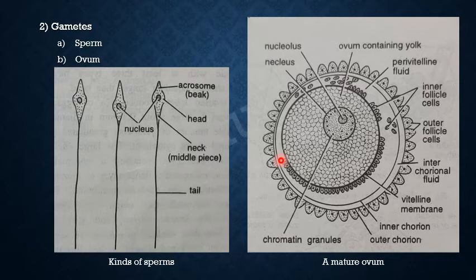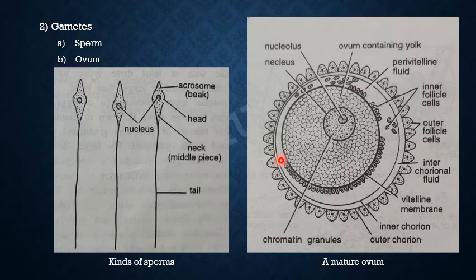Three membranes surround the ovum: vitelline membrane, inner chorion, and outer chorion. The thin vitelline membrane is secreted by the ovum itself and closely applied, forming its wall.